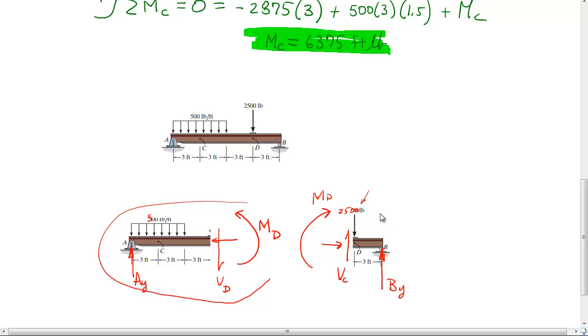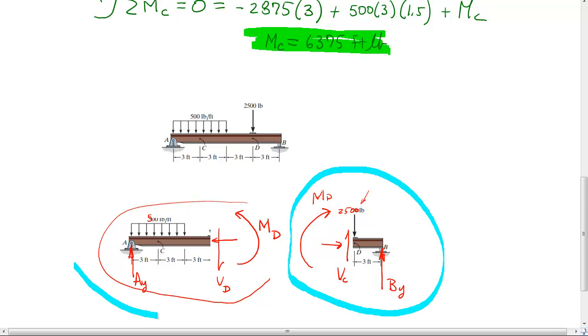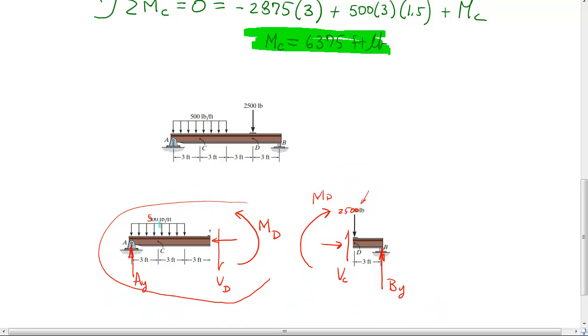But it seems to me that it might be easier to calculate this whole thing off of this diagram than off of this one, because one, I have to take care of that distributed load, and I think I'm going to opt for doing things as simple as I can. So I'm going to work off of the right diagram.